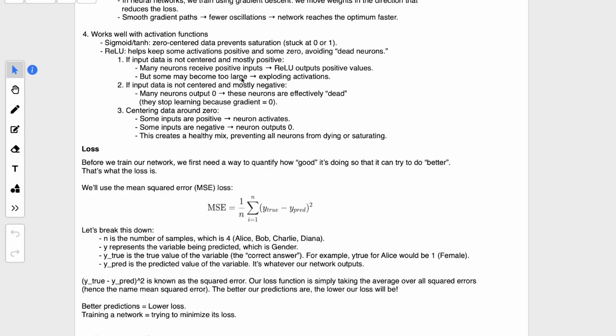But some may become too large, which leads to exploding activations. Because in our case, as we are taking weights and heights, it will be mostly positive numbers. There could be data sets where the numbers are too large, like weights and heights in 3 digits, right? But there could be a data set where the positive numbers are very big. That could lead to exploding activations, because they will be stuck on the positive side only, right? So to avoid this kind of thing, we center them.